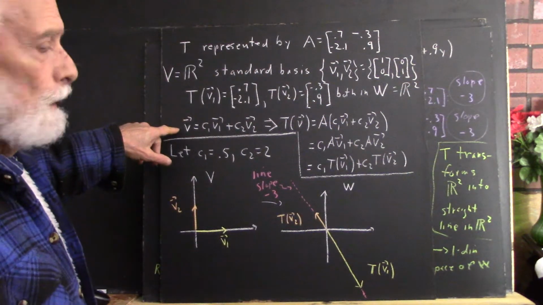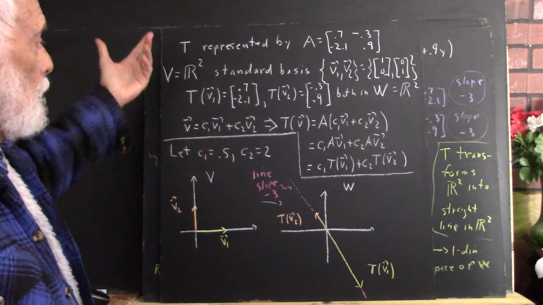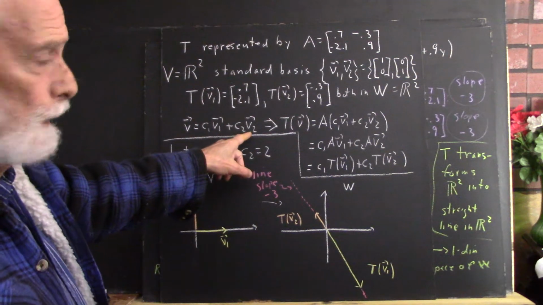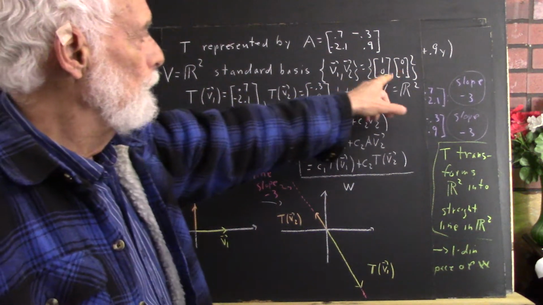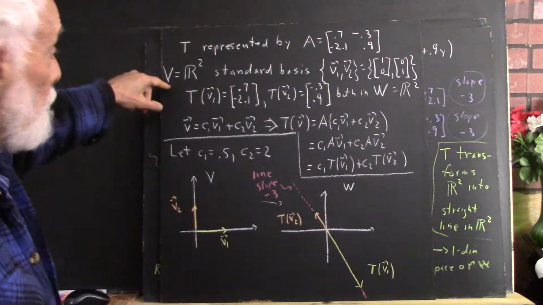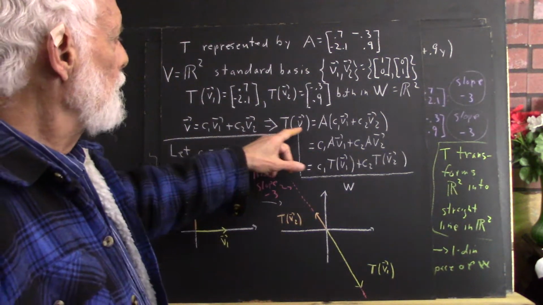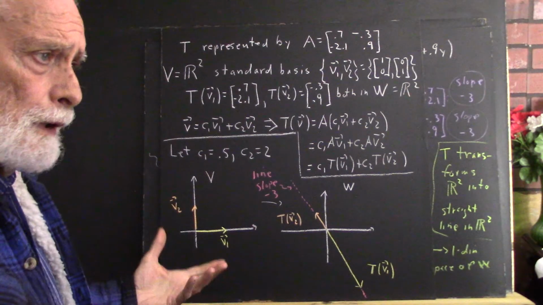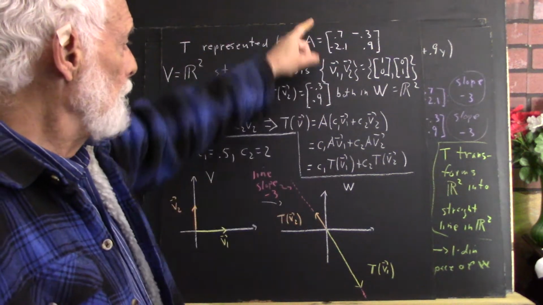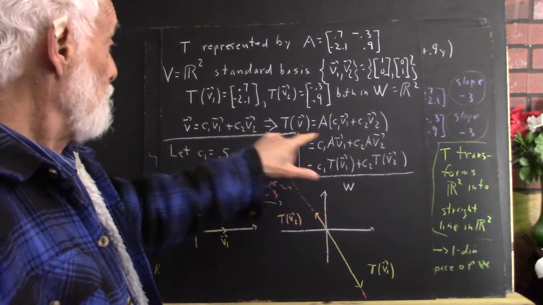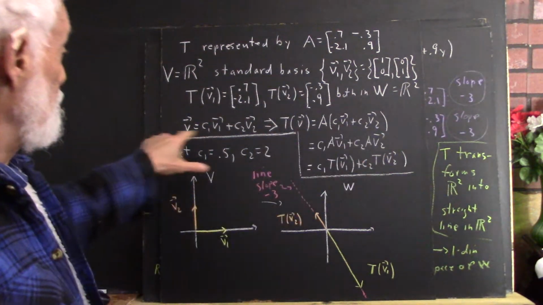Now, if we start with the vector V, which is in R2 because V is C1 V1 plus C2 V2, where V1 and V2 are your basis vectors for the space V. Then, if we transform V, we get the same thing as if we multiply this matrix by V. Okay, now this is V, because V is this.